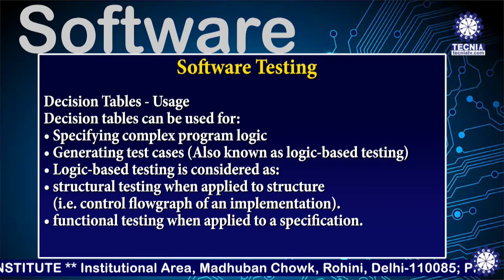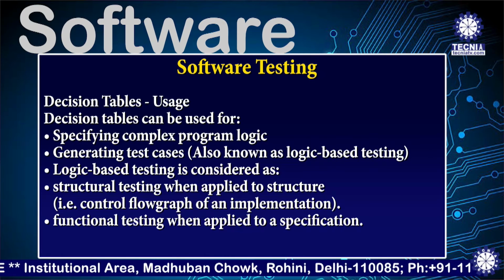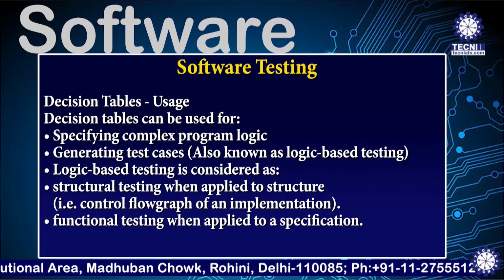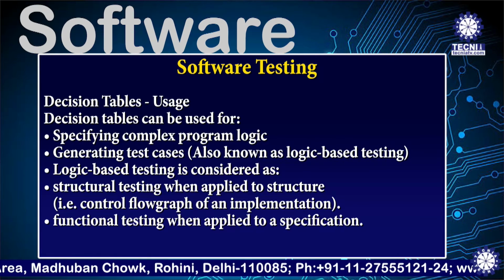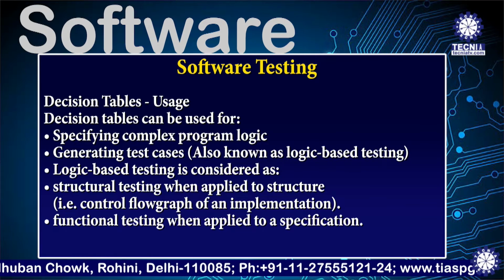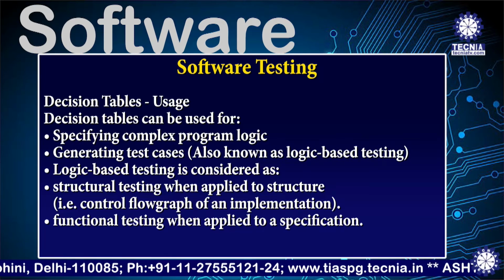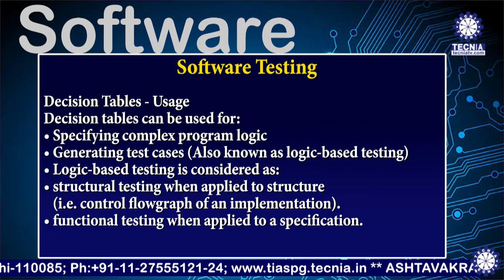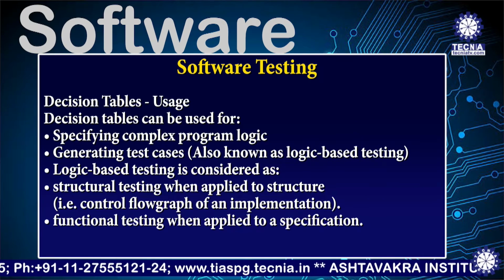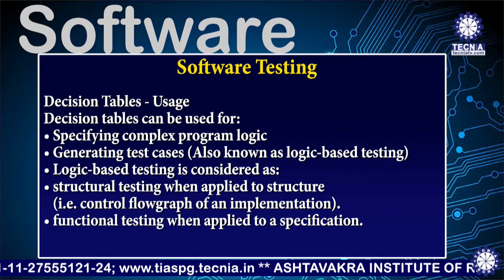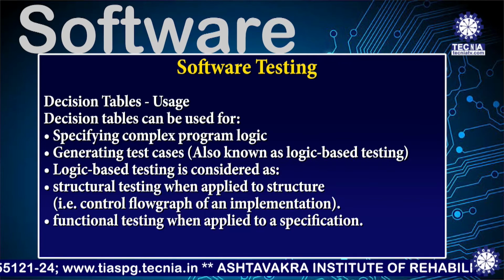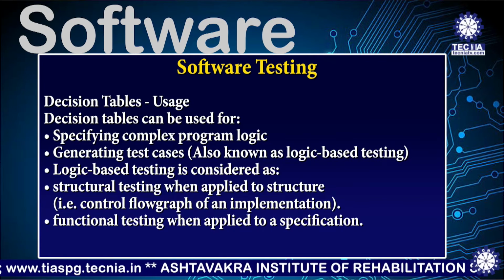If it is not working as per the specification, then we modify that and we move on. In all the conditions, all the logics we feed in the table, and then we check the statement for each and every condition, and this is known as decision tables.